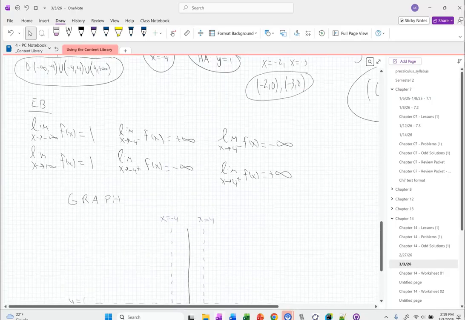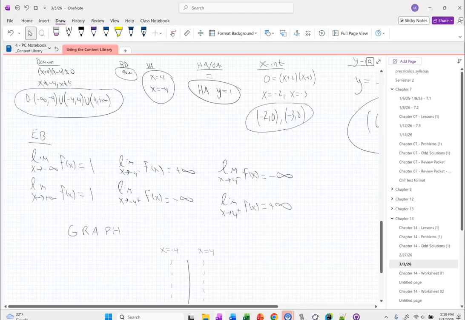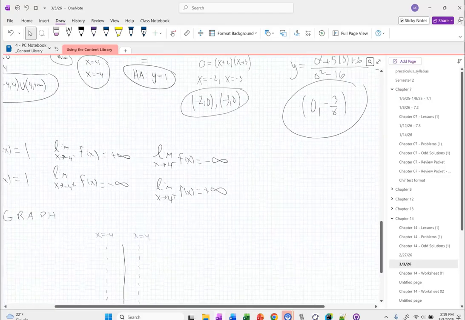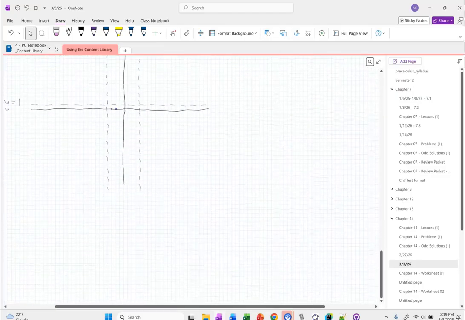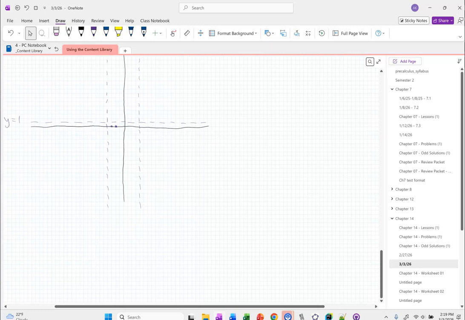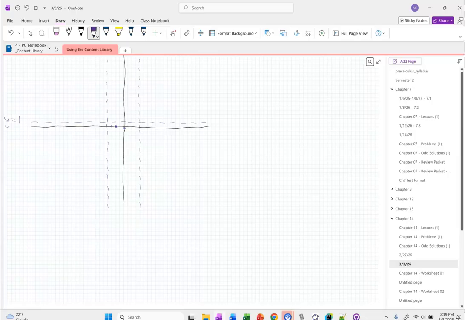And the y-intercept was at -3/8. So, like, maybe here. Are those the ones that are the open circle? Nope, the removable is the open. The intercepts are always solid. Okay. So far, so good? Yeah.